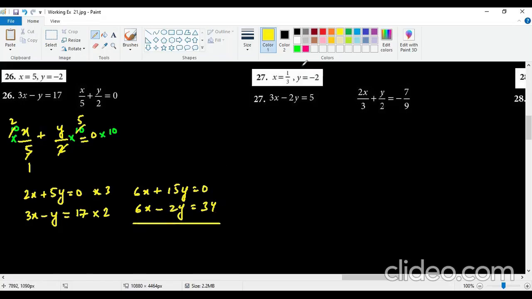Subtracting the equations, changing the pen, plus 6x becomes minus 6x, plus 2y and minus 34. These two are cancelled, and for question number 26 it's going to be 15 plus 2, which is 17y equals negative 34.